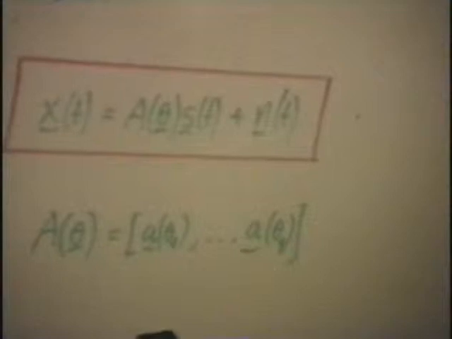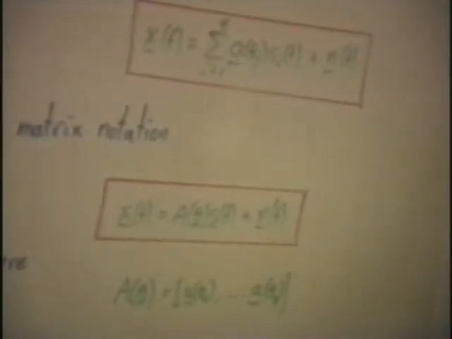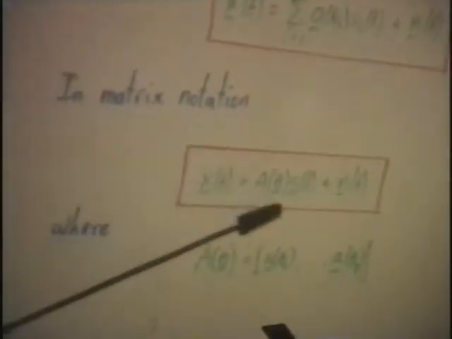So you see, it looks like a factor analysis model, or also a regression model, with the difference that, first of all, unlike the regression problem, S of t is not known. And unlike the factor analysis model, here we have certain knowledge about the factors.